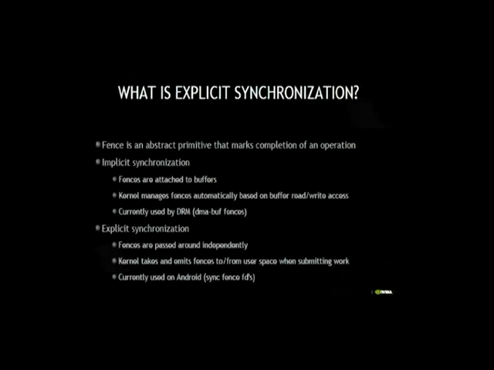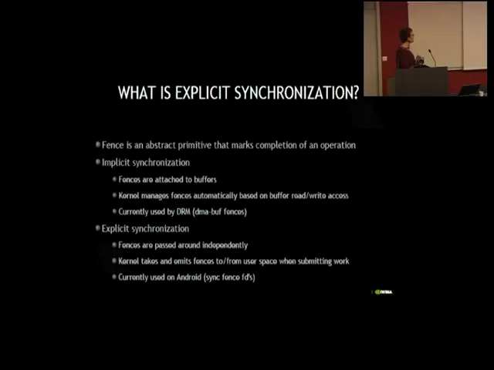And there are at least two quite different ways how fences can be managed, and I suppose these terms depend a little bit on who is talking about it, but this is what I mean by implicit and explicit synchronization. So in implicit sync, fences are attached to buffers by the kernel, and the kernel manages fences automatically when you submit work to the GPU or other hardware.